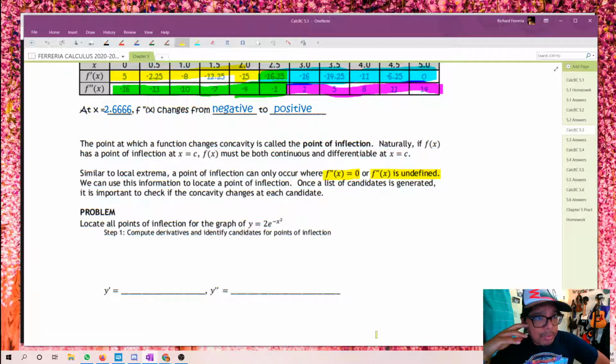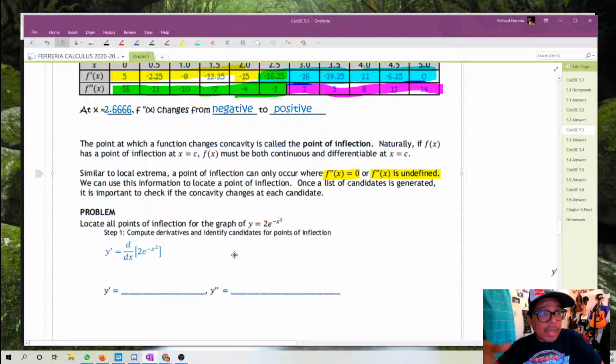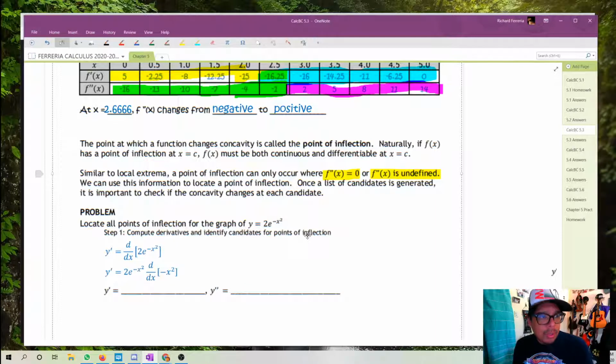So our first task here is, let's figure out what the derivatives are. What are y prime and y double prime? First of all, we're taking the derivative of 2e to the negative x squared. If you remember the derivative of an exponential function, that's the same exponential function multiplied by the derivative of the power. So we get the derivative equal to 2e to the negative x squared multiplied by the derivative of negative x squared.